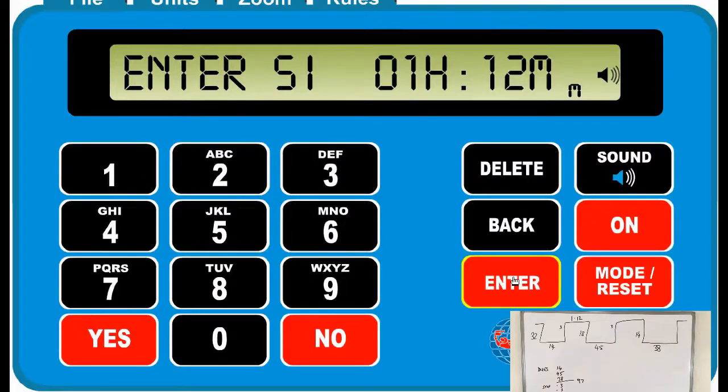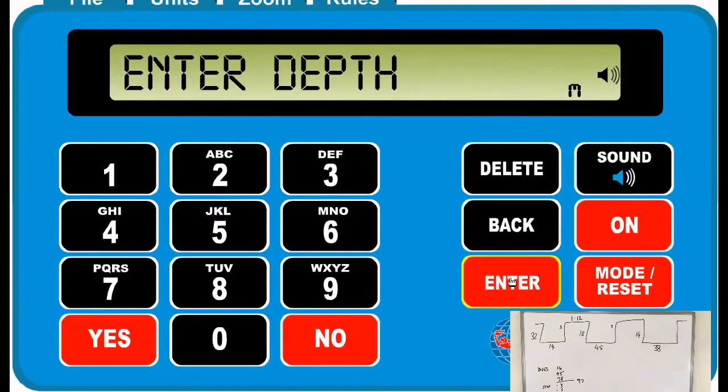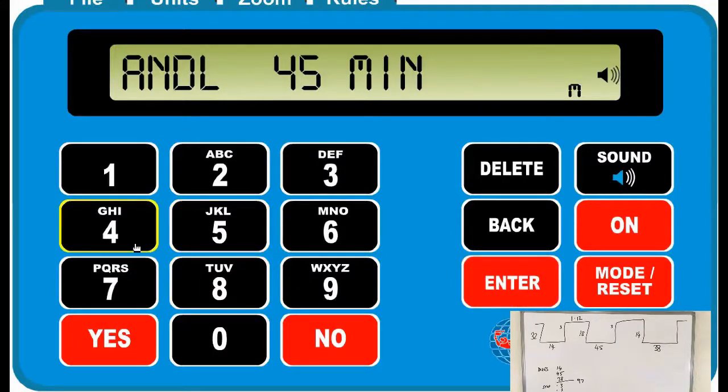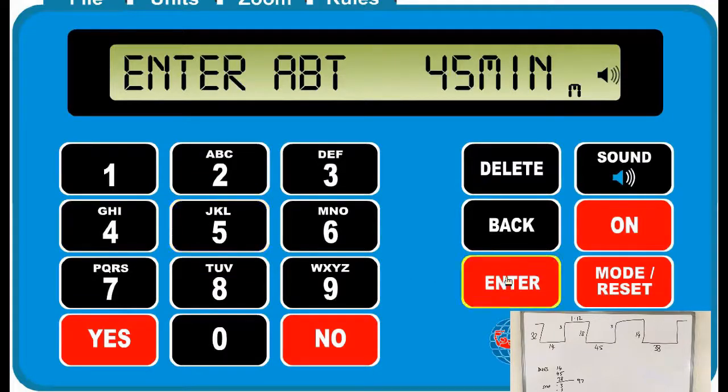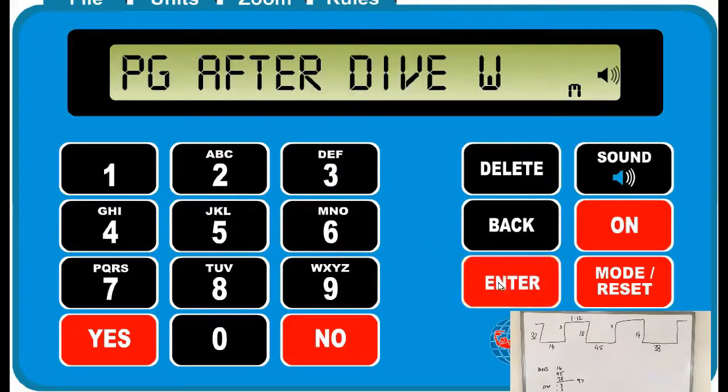Pressure group B. Enter. Now the next dive was 18 metres. We could stay there for 45 minutes, and actually that is the time we're staying there, 45 minutes. Another 3-minute safety stop. And we're in pressure group W.